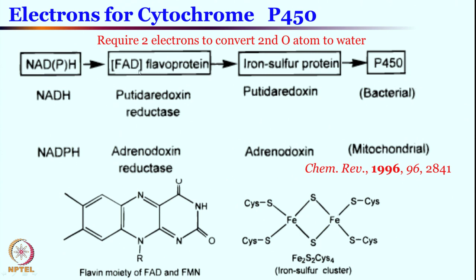So, the electron hopping or transfer throughout the chain up to the iron sulfur protein happens, and from there it provides the electron whenever required for the oxygen reduction process at the heme iron center with cysteine bound center in cytochrome P450.